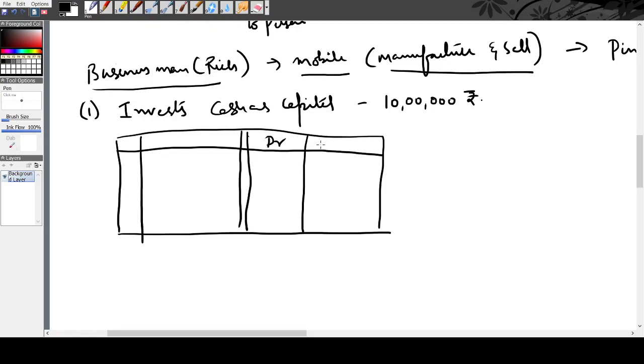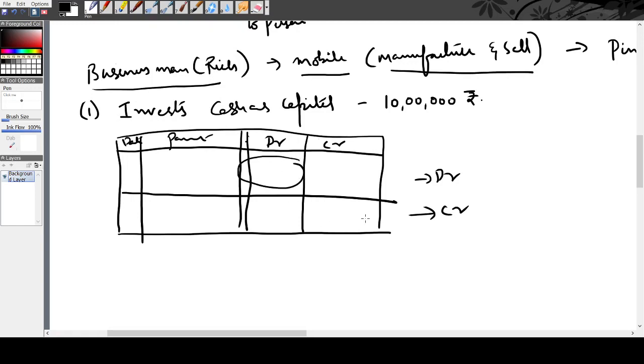This is the debit column, this is the credit column, particulars, date. Now what is this column? I'll explain you later. Now I have to record some information in the debit column, and some information in the credit column.